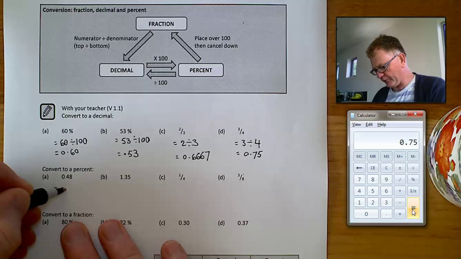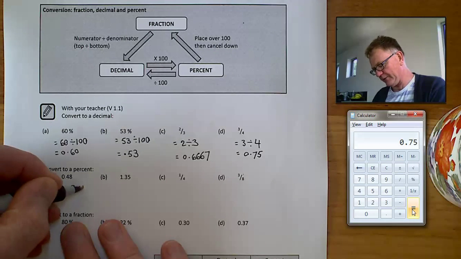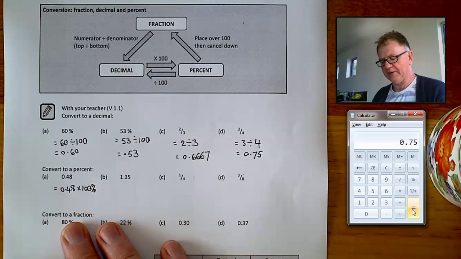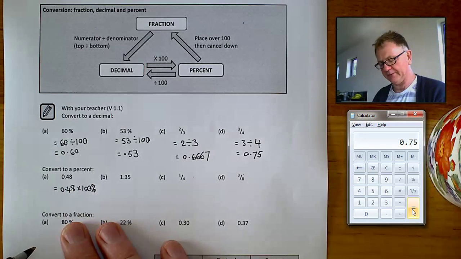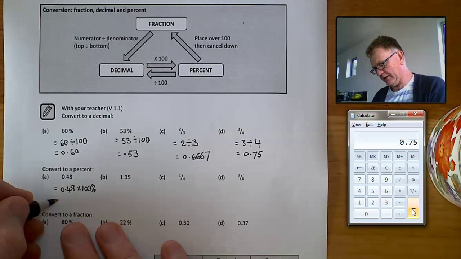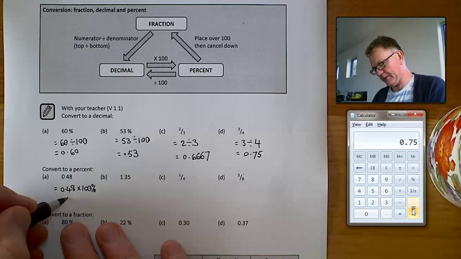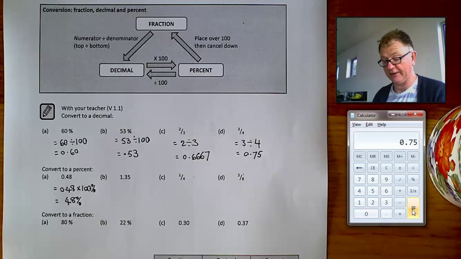So 0.48 is the same thing as 0.48 times 100, and that will convert it into a percent. To multiply a decimal by 100, move the decimal place 2 positions to the right. And in this case, 0.48 multiplied by 100 becomes 48%. Of course, you could do it on your calculator if you had to.